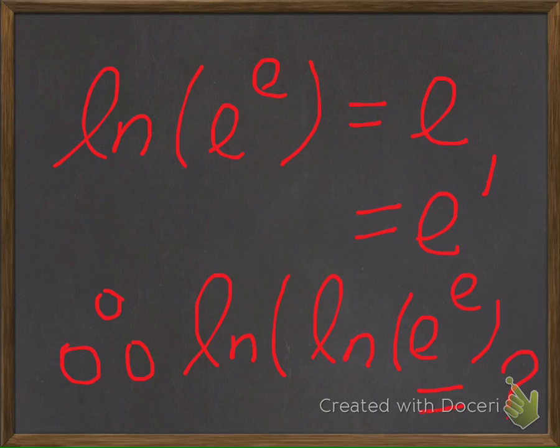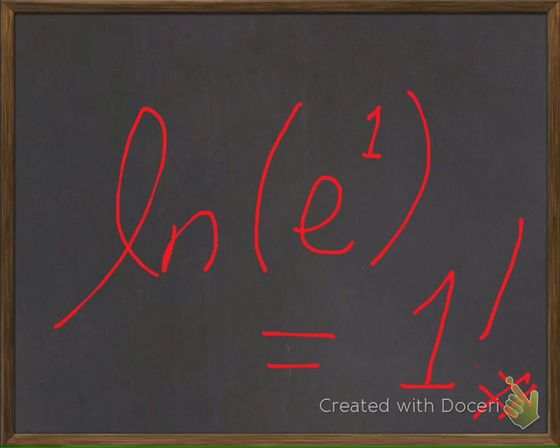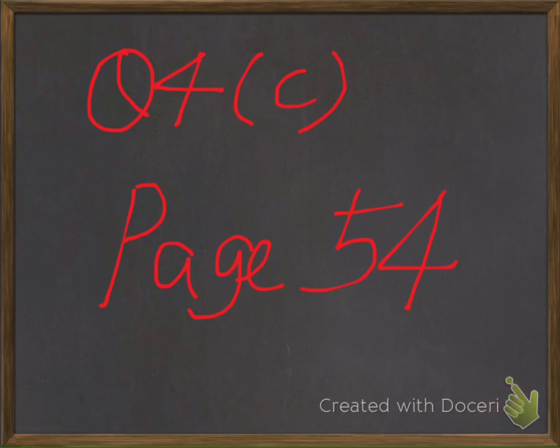Therefore ln e^e equals e. No confusion. And e equals e to the power 1, and therefore take the ln again: ln(ln e^e) will give, just like ln e^1 equals 1. So question 3b is solved.